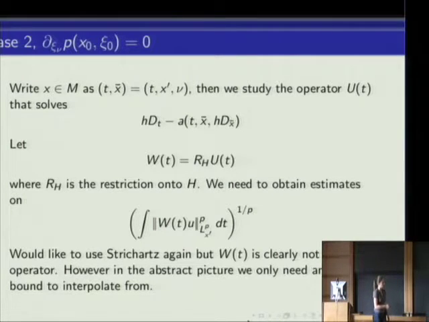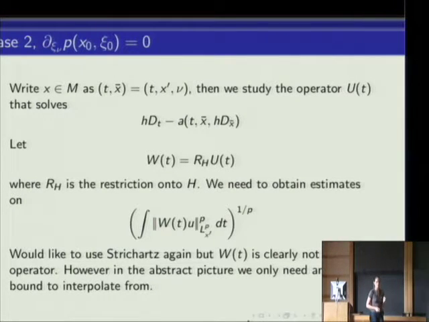Now we'd like to get mixed space-time norms for w of t, and we want to use Strichartz estimates again. However, in the assumptions that we usually put about Strichartz estimates, we're dealing with unitary operators. W of t is not unitary, not even close to being unitary. So we can't directly apply the Strichartz numerology. However, when you look at the proof of Keel and Tao for the non-endpoint cases, it doesn't really matter that you assume unitarity.